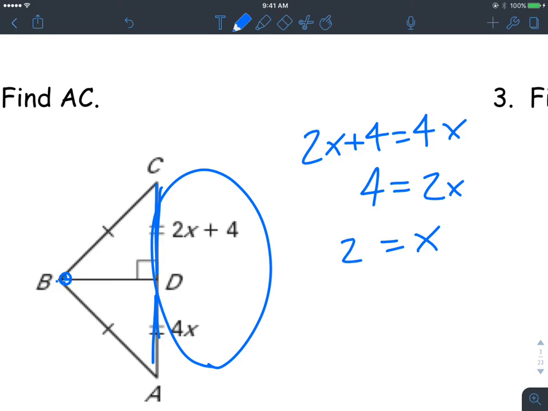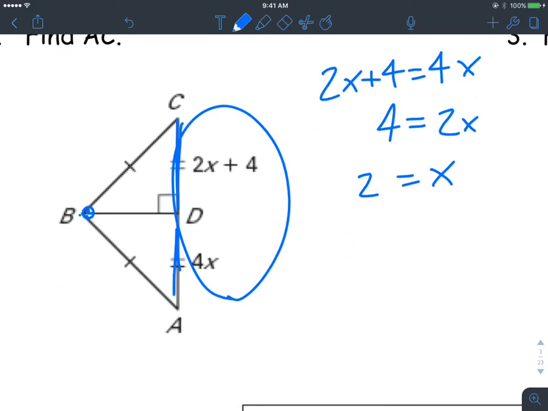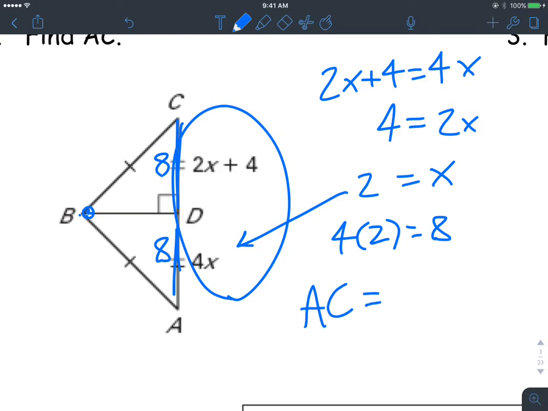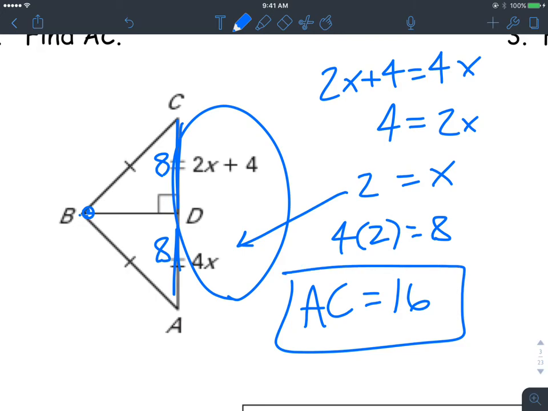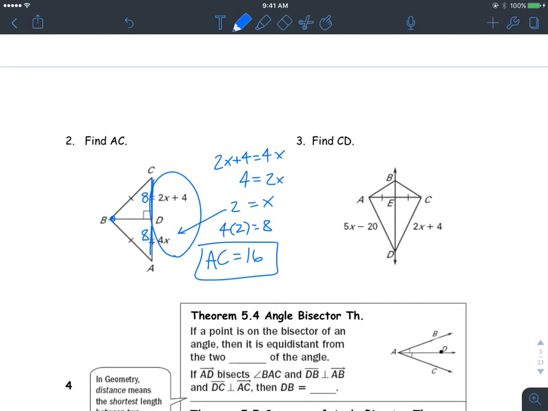So x equals 2, and then find AC. I can find AD pretty easily just doing 4 times 2, and that's 8. But since this side is 8, the other segment must also be 8. So AC is a total of 16, and you're done there.